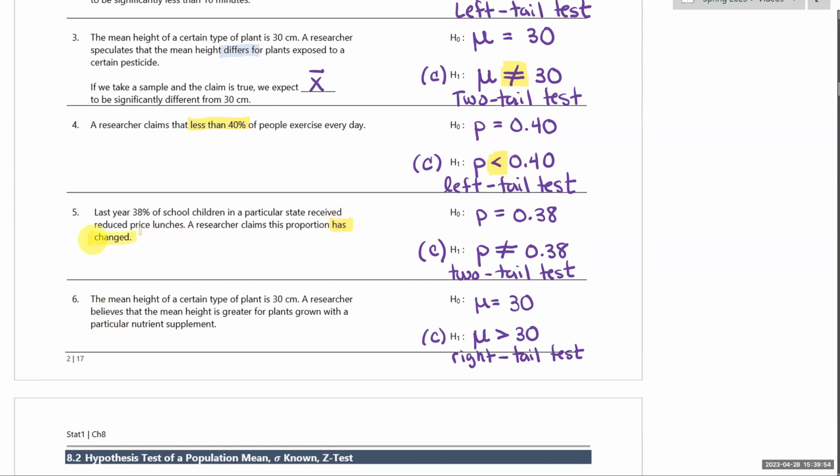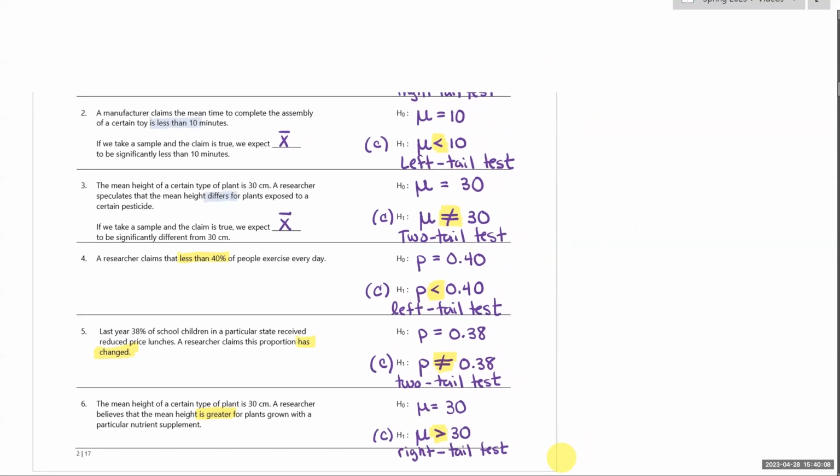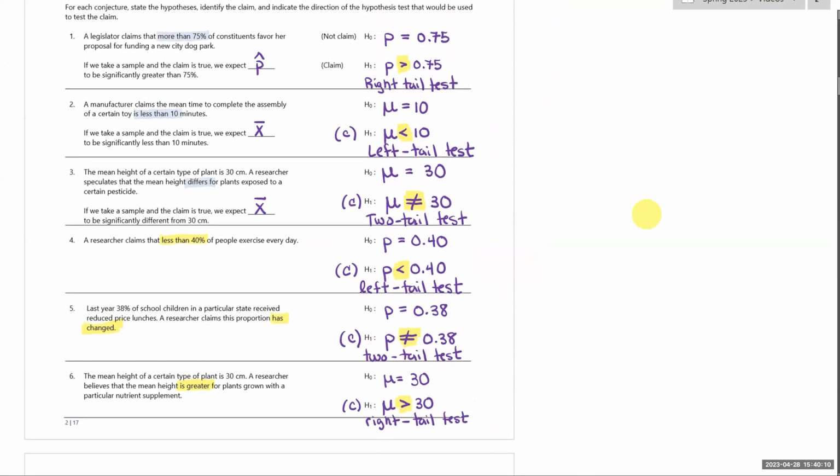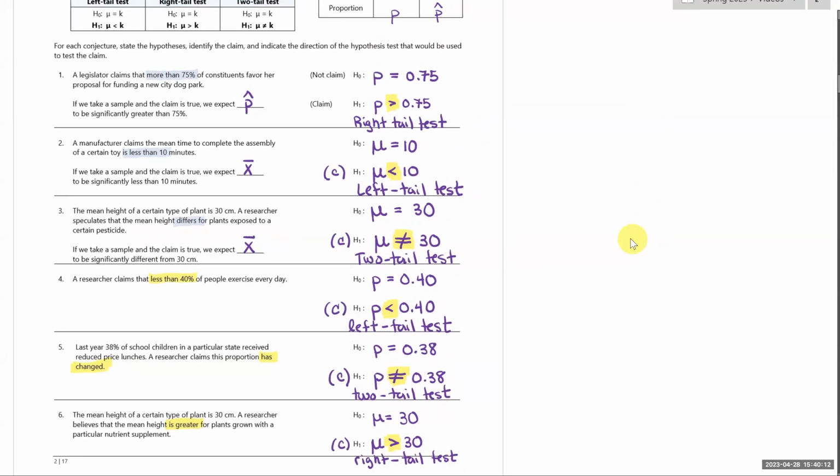Has changed is a not equal to, not the same as, so it's different. And then that last one was is greater, and that's why it's greater. All right, so that is the first step. Can you read a conjecture, a statement here, and write the two hypotheses?